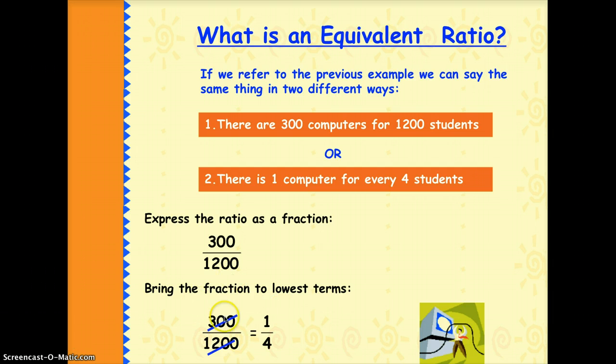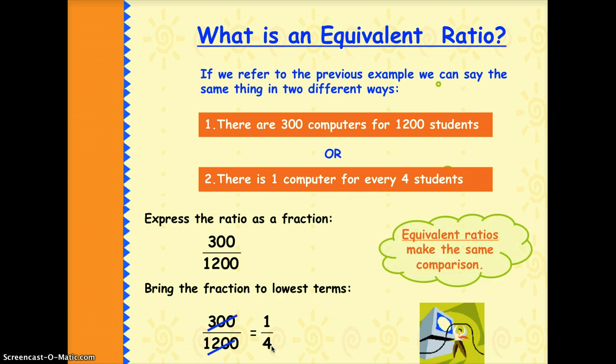That means that we can divide both the numerator and denominator by 300 because 300 is the greatest common factor of both numbers. So 300 divided by 300 is 1, and 1,200 divided by 300, you will get 4.